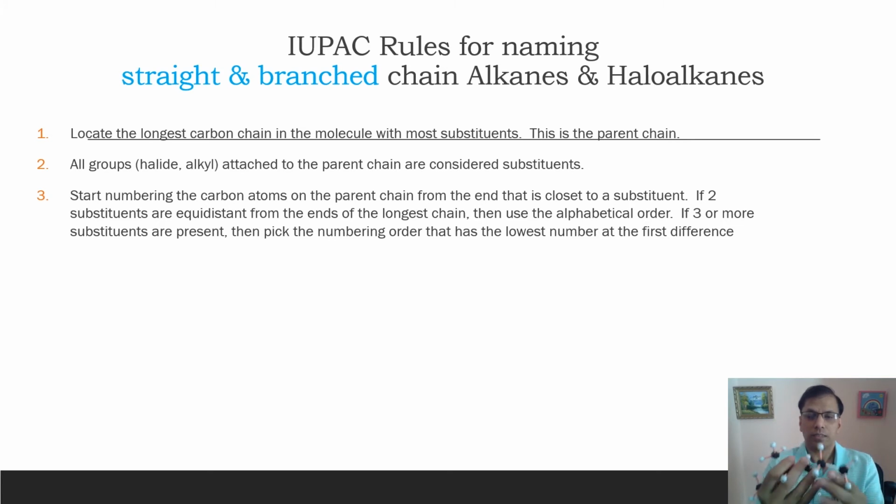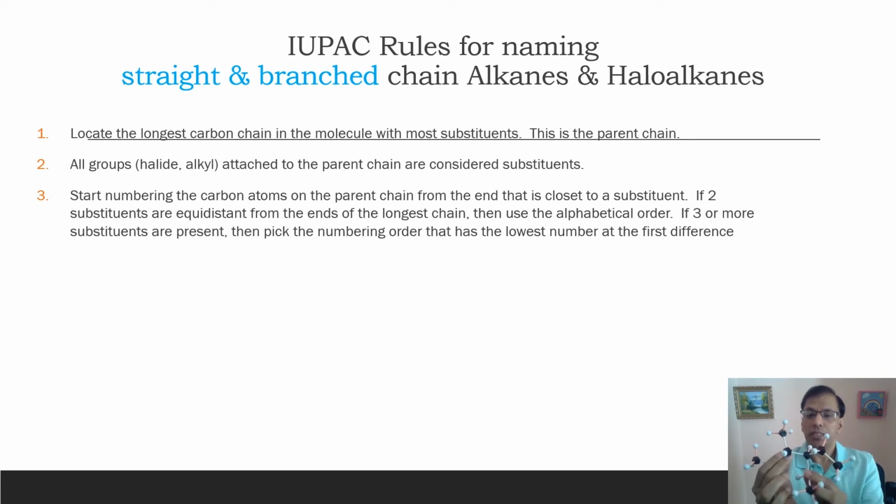The longest chain for this one is 1, 2, 3, 4, 5, 6. You can count either way, 1, 2, 3, 4, 5 here, or 1, 2, 3, 4, 5, 6. So you can use either as the longest chain. Let's use this as the longest chain because it has the most substituents on it. In this case, there are two substituents: this is the methyl group substituent, and this is the ethyl group substituent, two carbons right here.